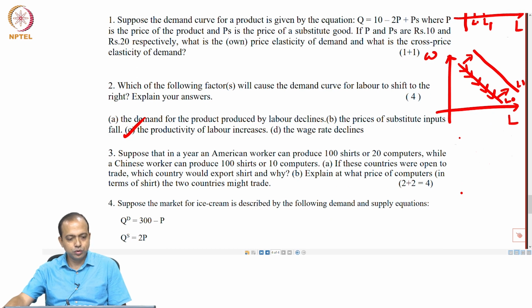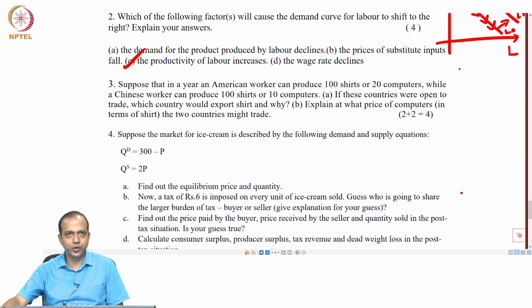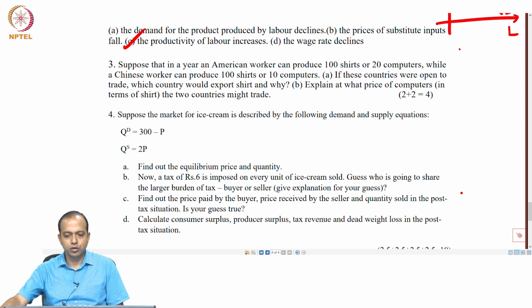Now, we go to the next question. What is the question? Question number 3. Suppose that in a year, an American worker can produce 100 shirts or 20 computers.